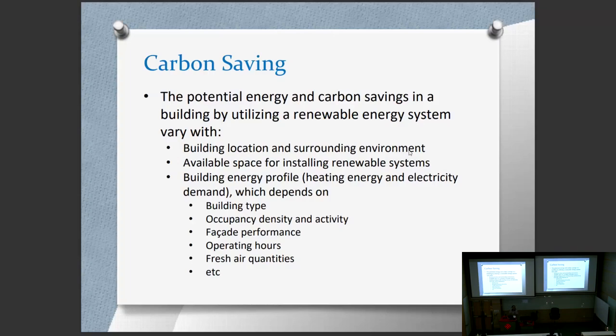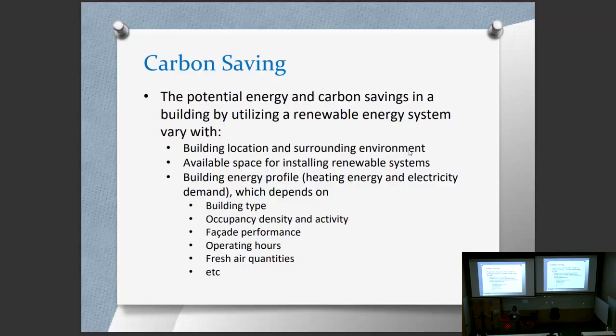So whether the building is located in a city center, where there are so many buildings around you, many obstructions around the PV panel, blocking the sunlight, or the building is located in the rural area, free from obstruction, such that they can have a lot of sunlight.